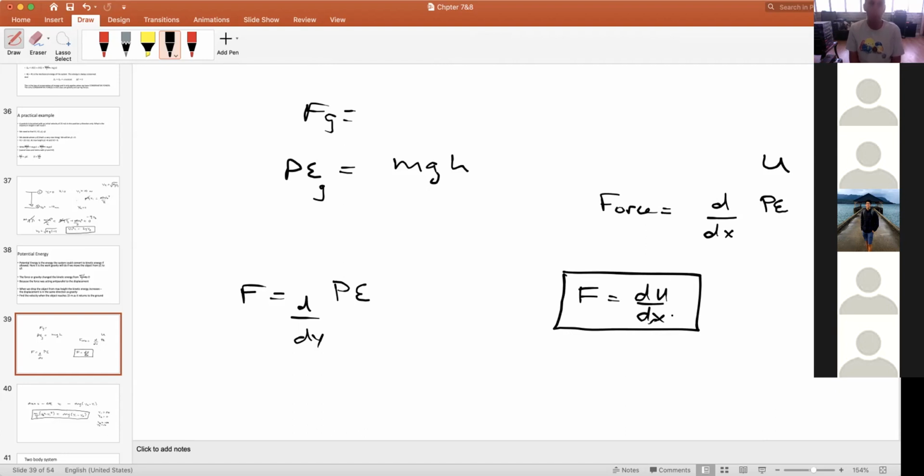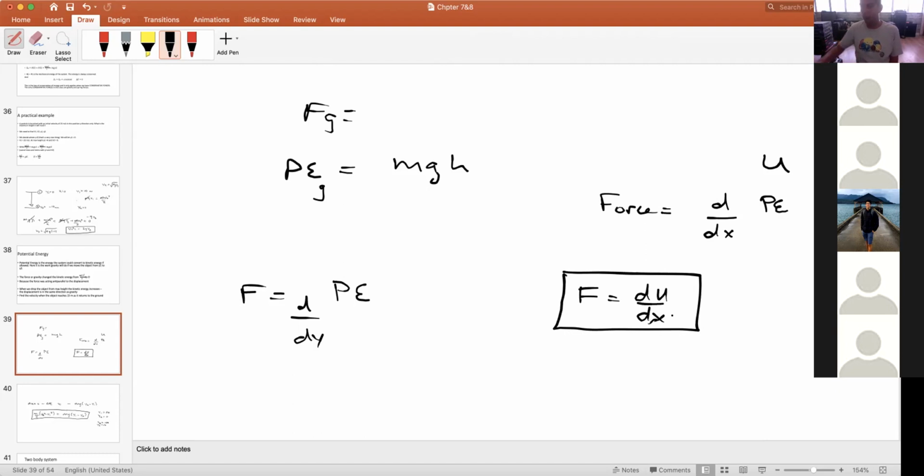For those of you who don't get that, ignore it. Those of you who do get that, who do speak that language, the language of derivatives, that's a really important derivative. The derivative of the potential energy, how the potential energy changes with position, is the force.